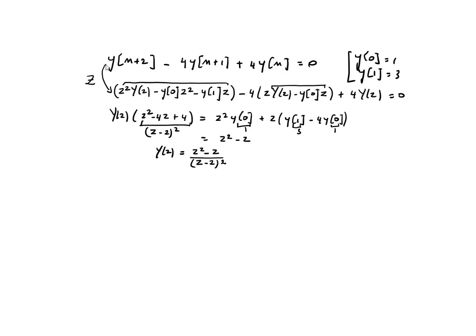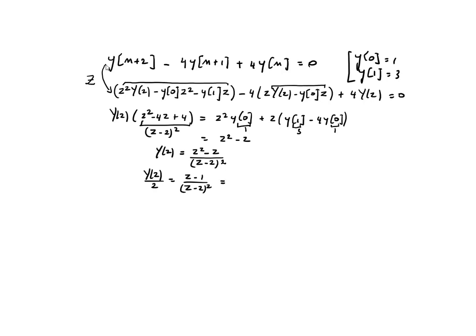So we need to go back to the discrete time domain, and so we'll need to do the inverse z transform, and what we'll do is a partial fraction expansion of Y(z) over z. Let's write it down. This is (z minus 1) over (z minus 2) squared.